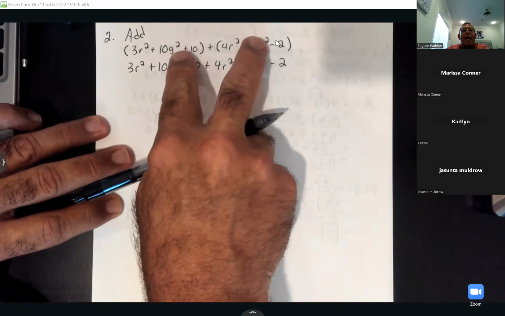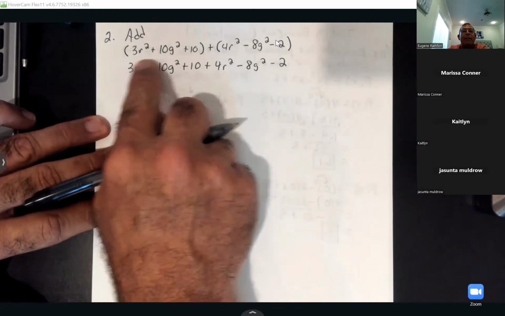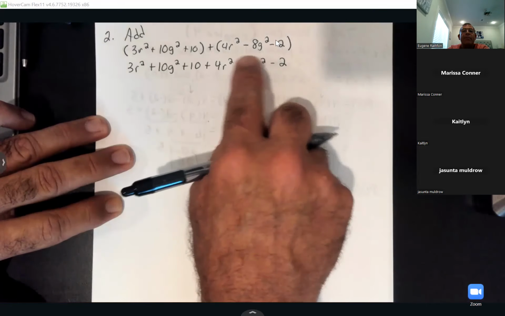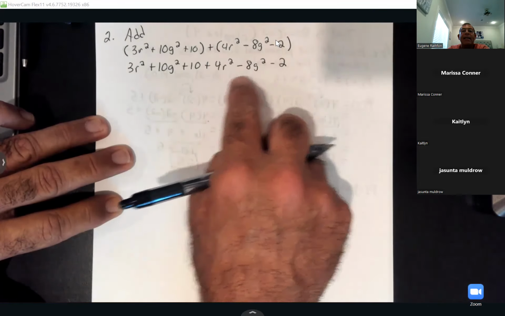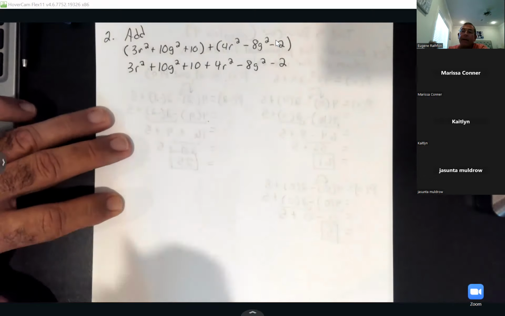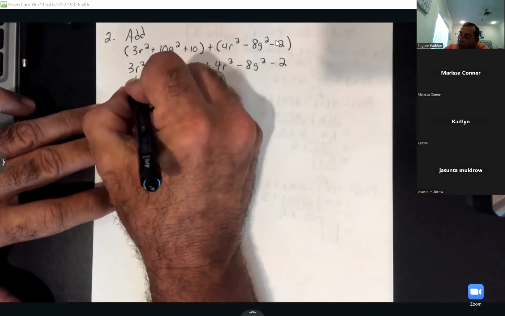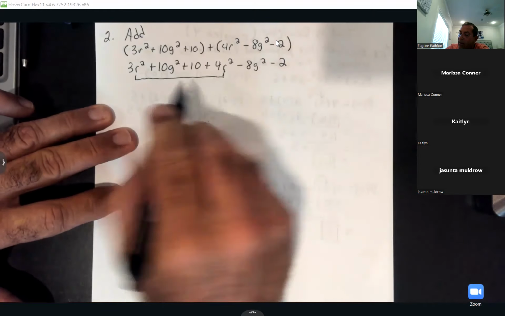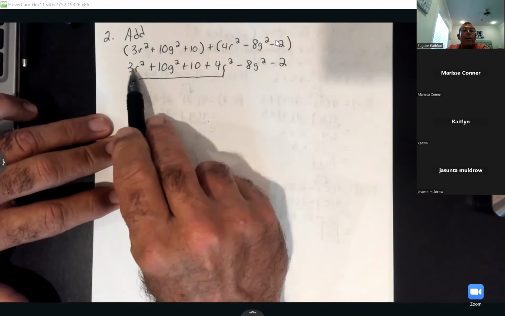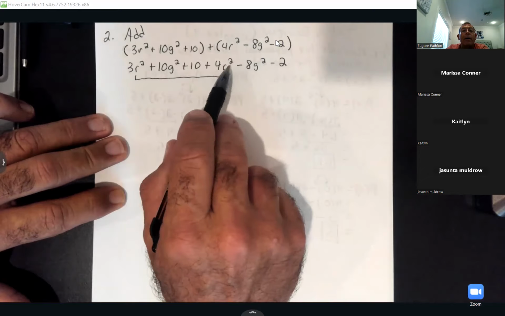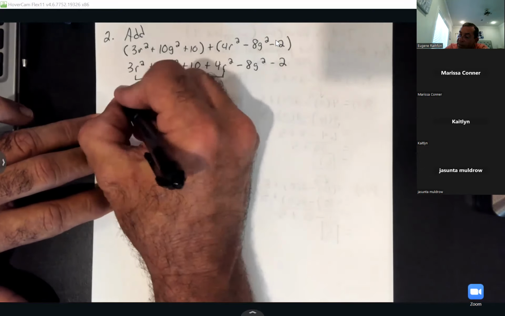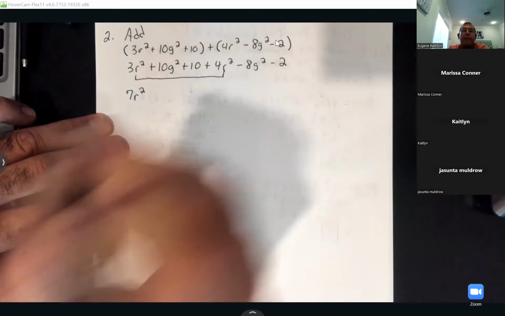So remember, on adding, we can drop the parentheses and everything keeps the same sign as it had inside the parentheses. Now, let's match up our like terms. R squared will add to the r squared. So we have 3r squared plus 4r squared gives me 7r squared.